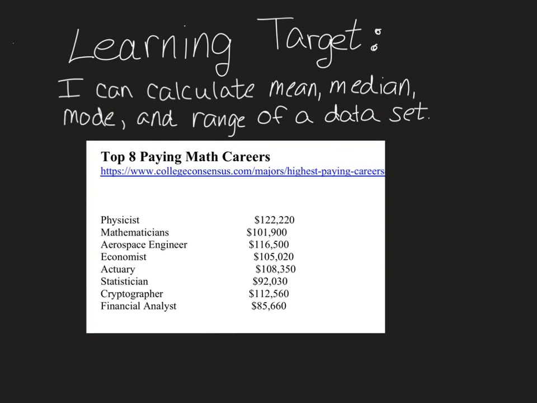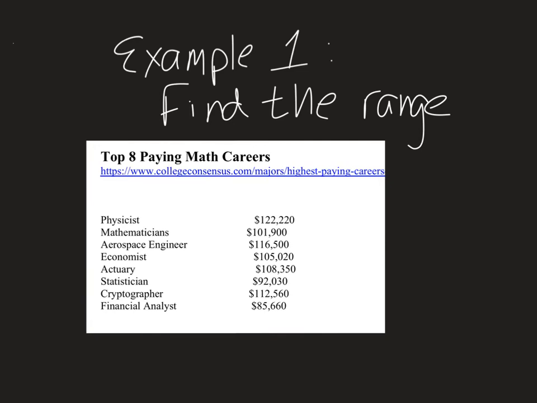Okay, our last measurement of data is something called the range. And in algebra, you might have heard range talking about domain and range. We're talking about the type of range that's in statistics.